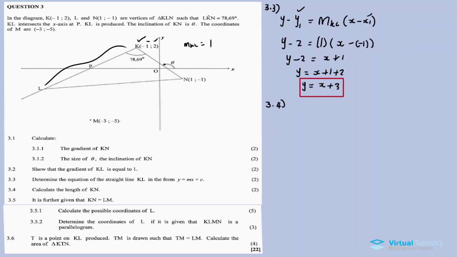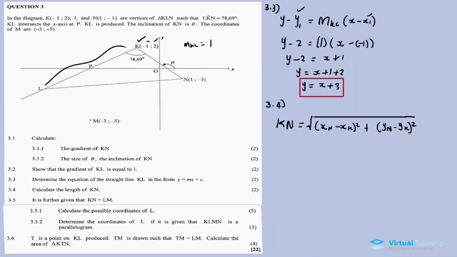Okay, 3.4 is for the length. When calculating a length we use this formula. Since I want the length of KN, my formula will be this way: xn minus xk, everything in the bracket squared, plus yn minus yk in the bracket squared.